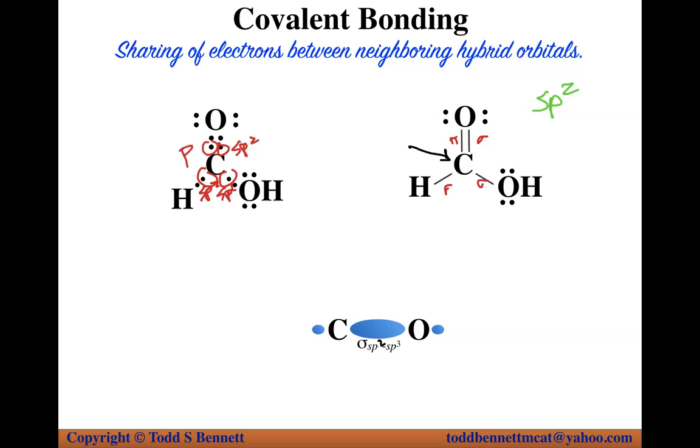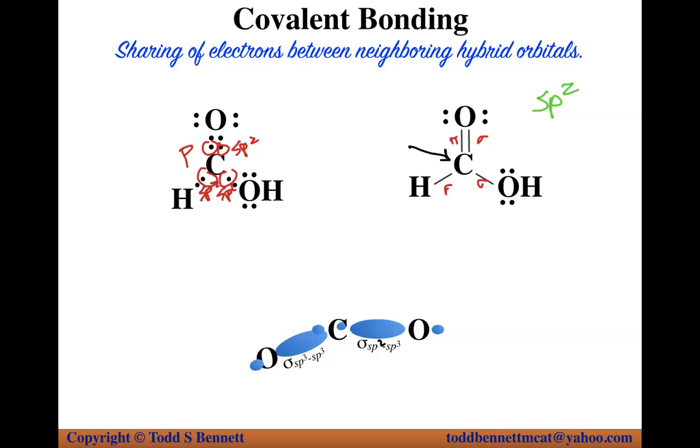You've learned this, hopefully, but just to review: sp2 can form sigma bonds, so hybrid orbitals go on to form sigma bonds, but pi bonds can only form from parallel p orbitals on adjacent atoms.